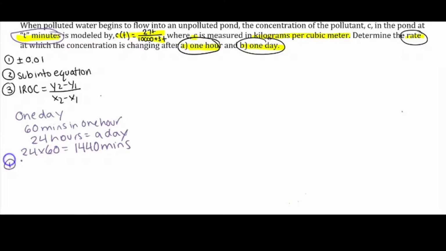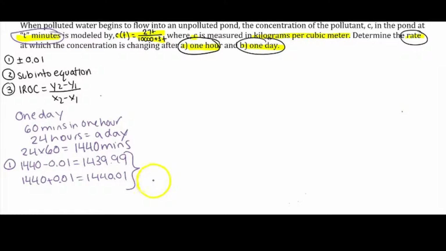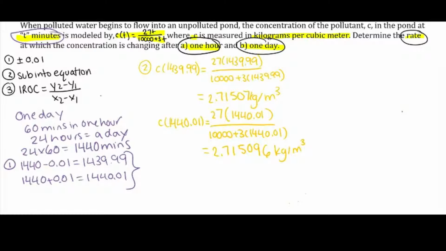Now let's do step 1 and add and subtract 0.01 to our new time. Now that we have our new times, we will sub them into our equation. So you should get the two concentrations of 2.71507 kilograms per cubic meter and 2.715096 kilograms per cubic meter.